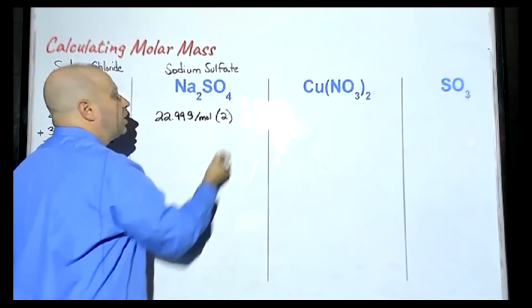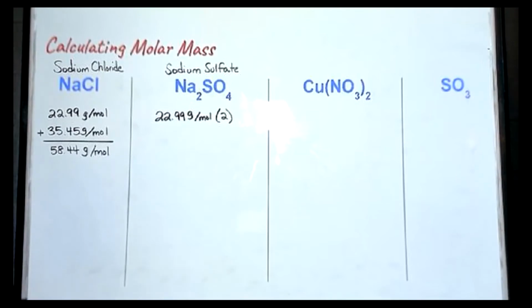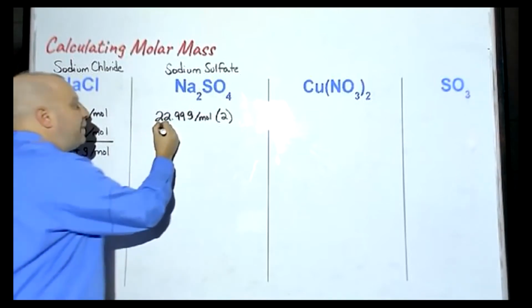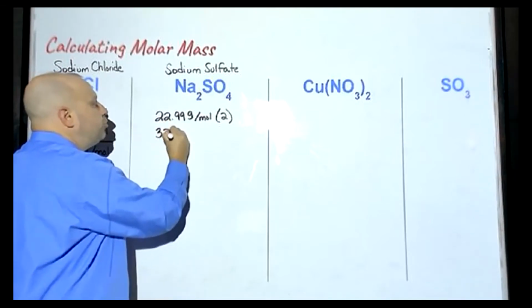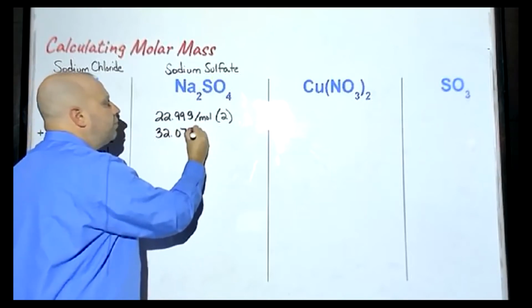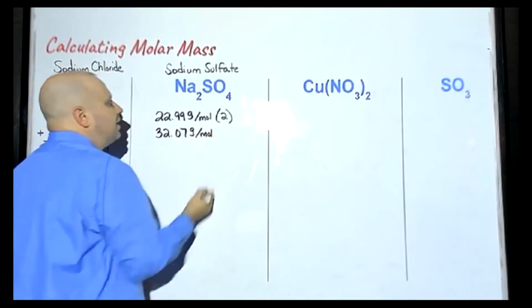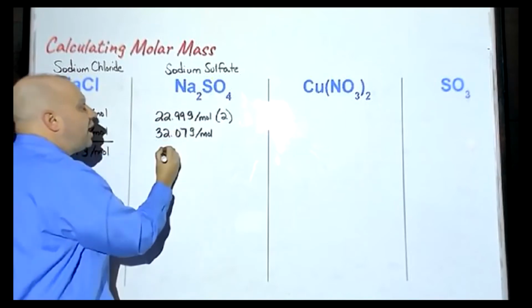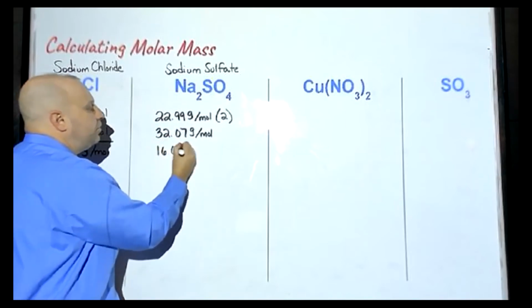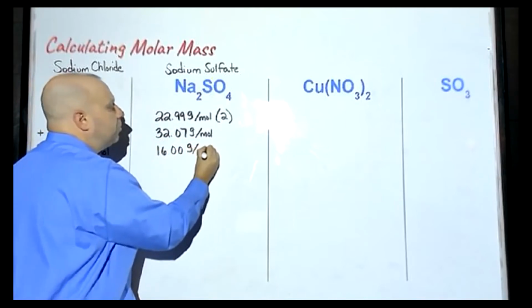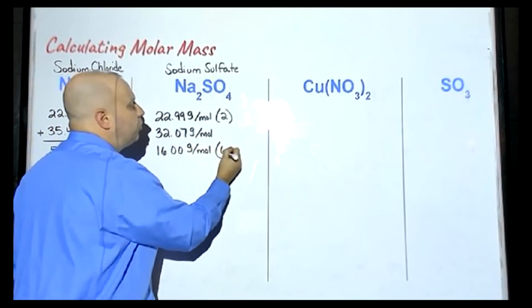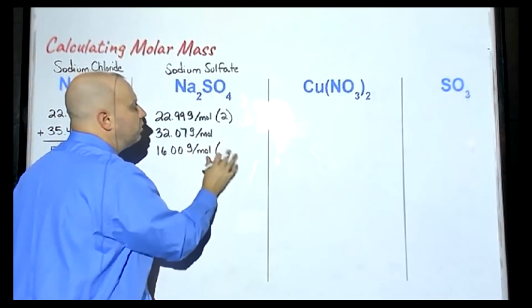This time, we're going to multiply by 2. We will then look up the mass for sulfur, 32.07 grams per mole. And finally, the mass of oxygen, 16.00 grams per mole. And that will be multiplied by 4.